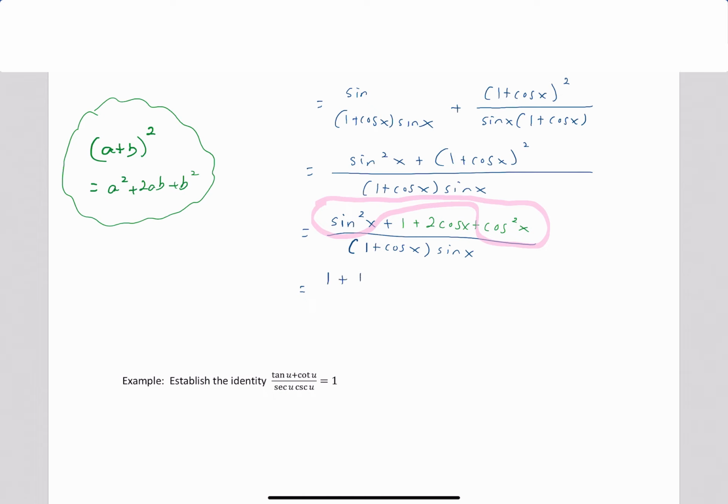Okay, so what's going on here? The first one is the sine squared plus cosine squared. And then I've got plus 2 cosine of x. I haven't done anything with that. So at this point, on top I have 1 plus 1 plus 2 cosine of x. Down below I have 1 plus cosine of x times sine of x.